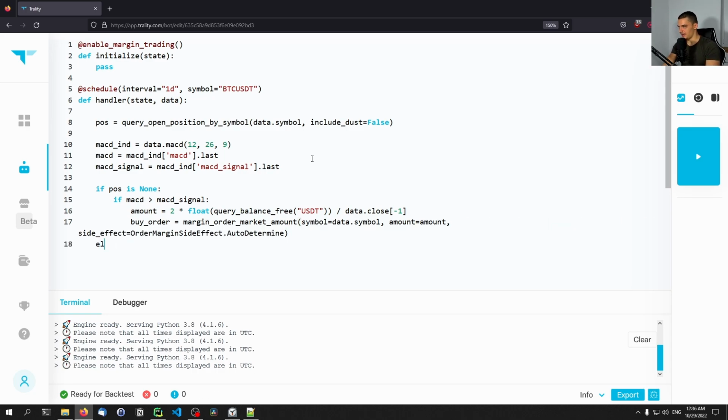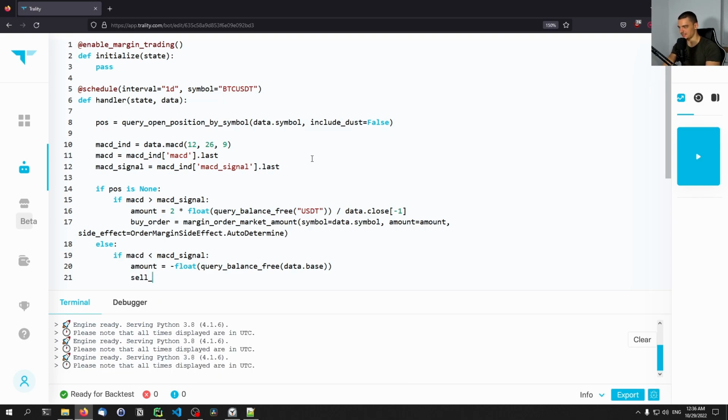Otherwise, if we have a position and the MACD goes below the MACD signal, we're going to say that the amount is going to be negative what we have in Bitcoin. So query balance free, basically repeating the same thing that we did before, but with different indicators, data.base. That's a good repetition exercise.